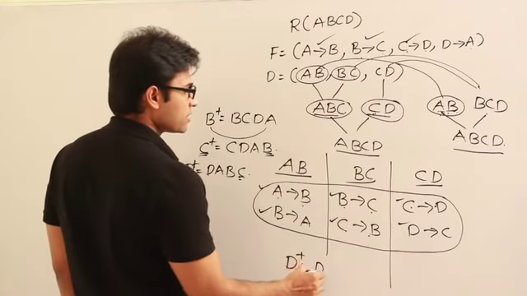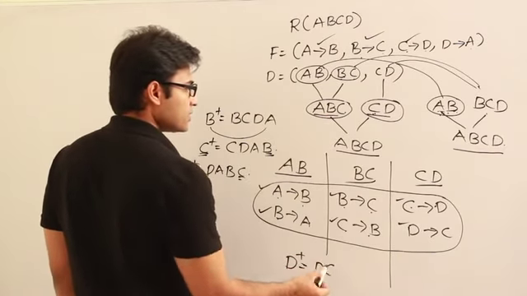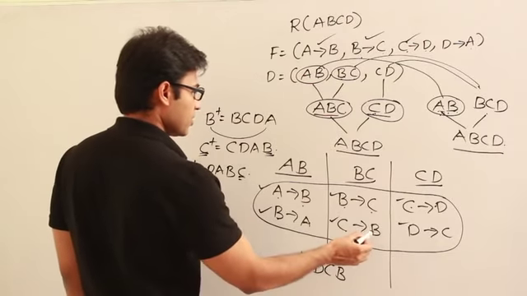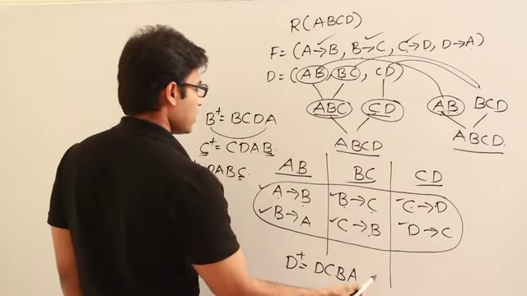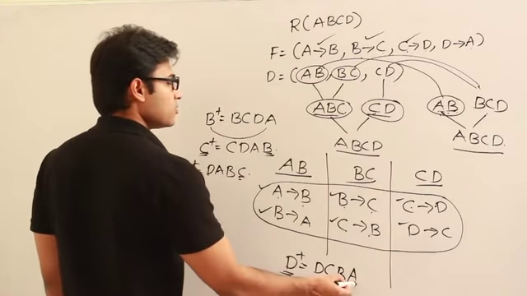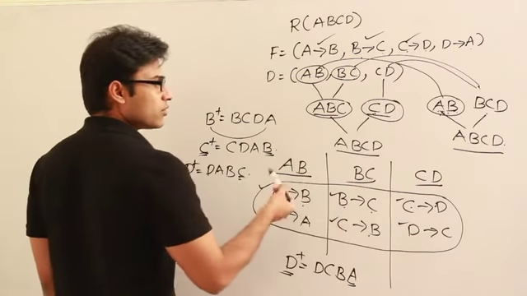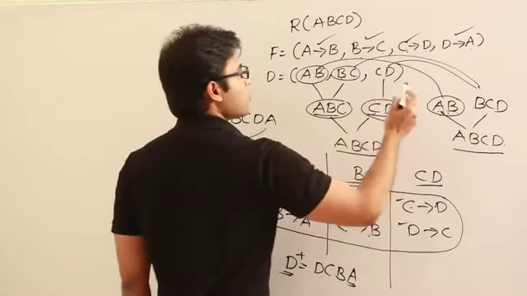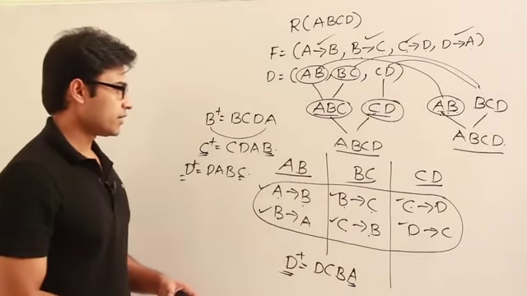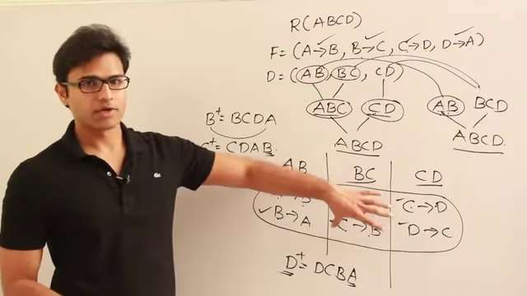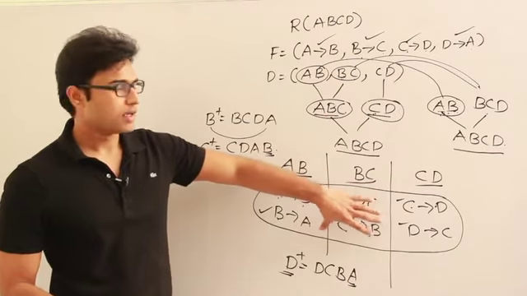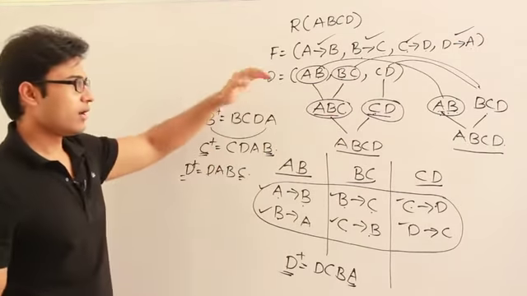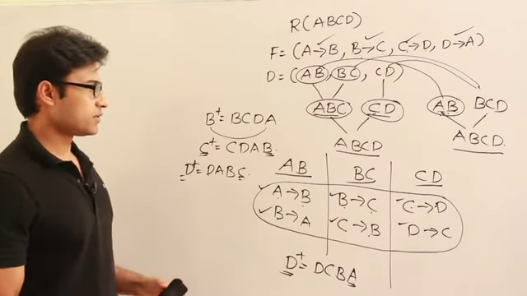If I find out D plus, I get D, because of D I get C, and because of C I get B, and because of B I get A, right? Therefore D has the capacity to determine A even using only these functional dependencies, and so it is also covered. So the resulting functional dependencies after decomposition, whichever are holding, are able to preserve everything, isn't it? Therefore we can say that it is functional dependency preserving, right?